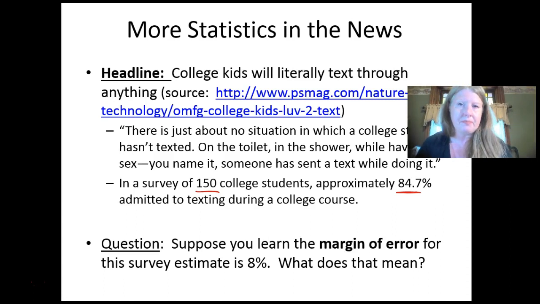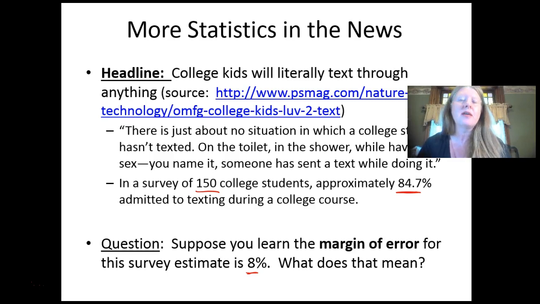What does that mean? Again, if you're thinking back to the slide that I just shared, where I said we used a sampling method that gives us a result this close to the truth 95% of the time, if we apply that to this example, what we're saying is we used a method in this survey that gives us a result that's within 8% of the truth 95% of the time. That might sound kind of odd, but we have this level of confidence.